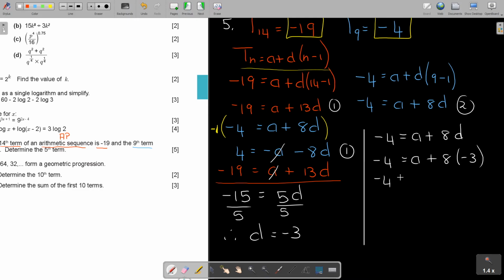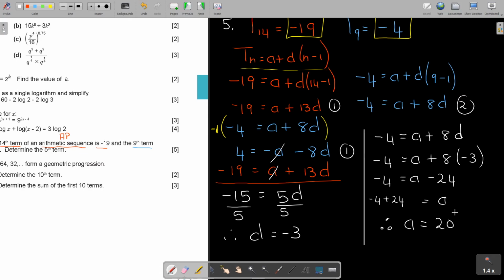So negative 4 equals a minus 24. So a is equal to negative 4 plus 24. Therefore, the value of a will be equal to 20.